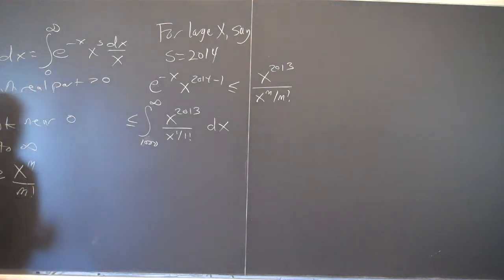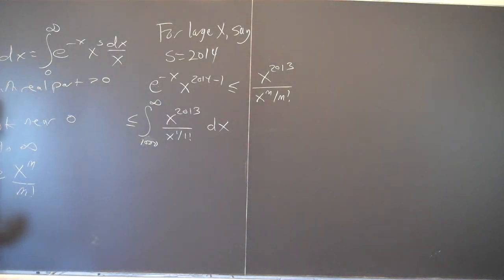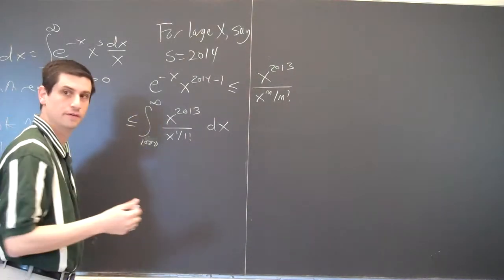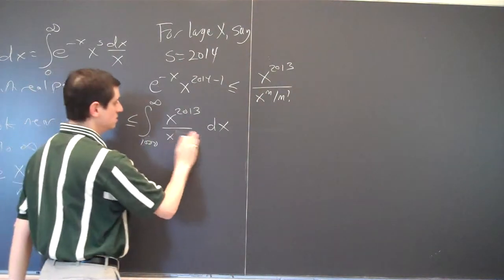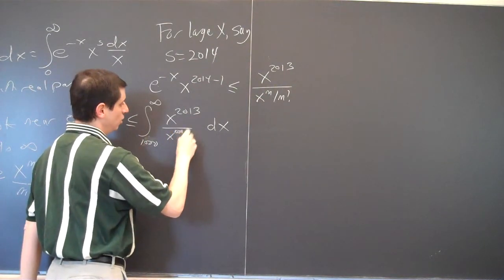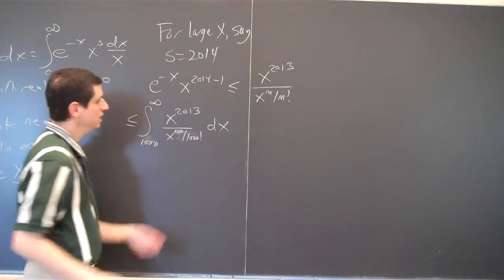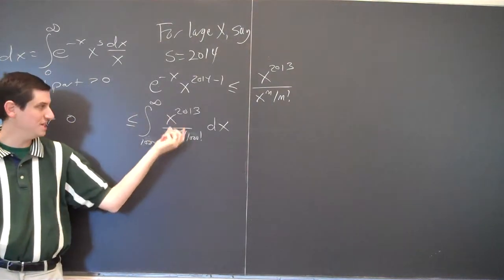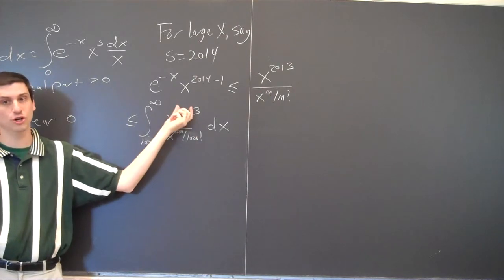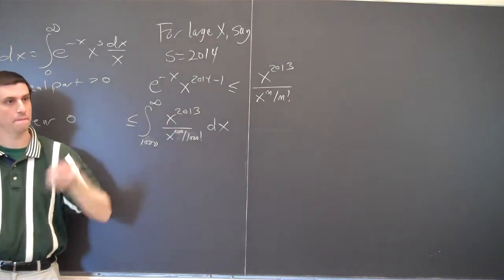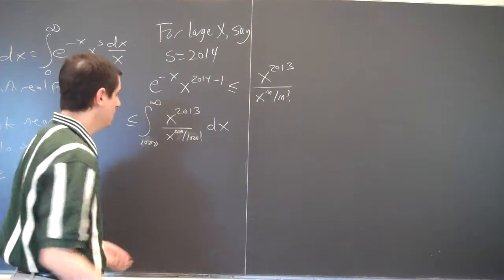I need something bigger than 1. What could I try? 1,000. So if I try 1,000, I would get x to the 1,000 over 1,000 factorial. x to the 2013 divided by x to the 1,000 is x to the 1,013. That's still growing. 2013 or 2014?